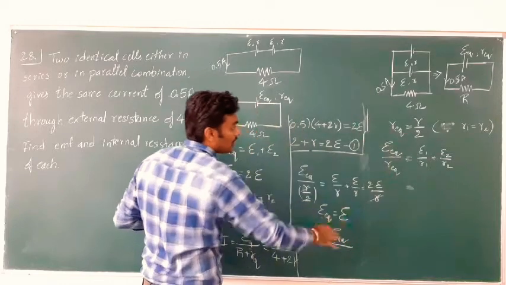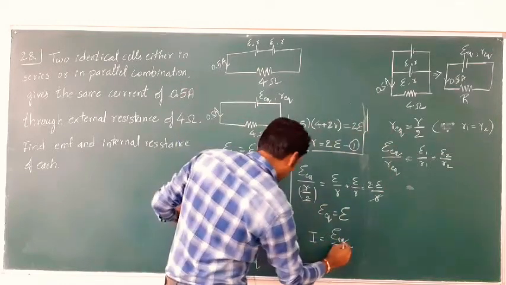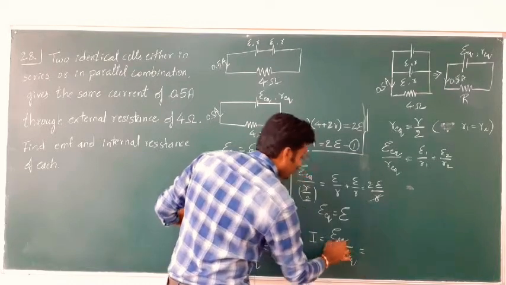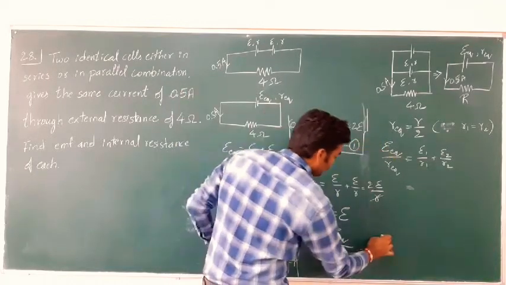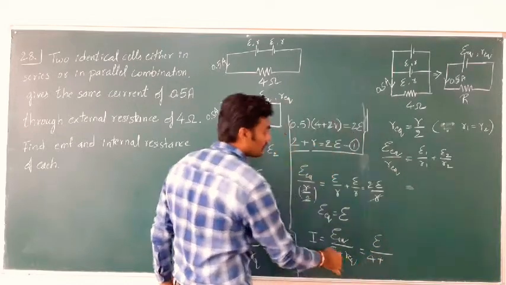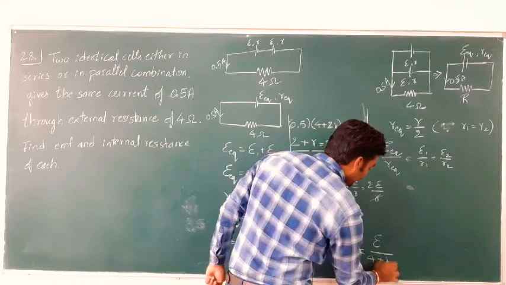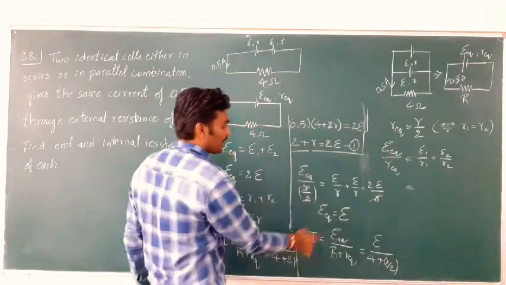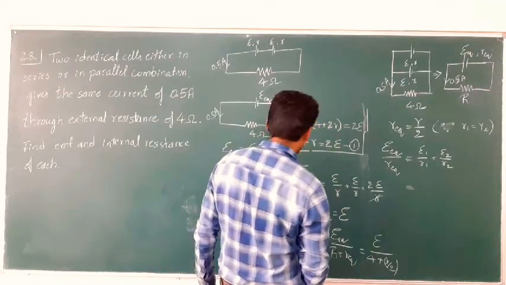This is for parallel combination. E equivalent by R plus R equivalent. What is E equivalent for parallel combination? Equal to simply E. R is 4 ohm. What is R equivalent for parallel combination? Equal to R by 2, right? The current is still 0.5 ampere.